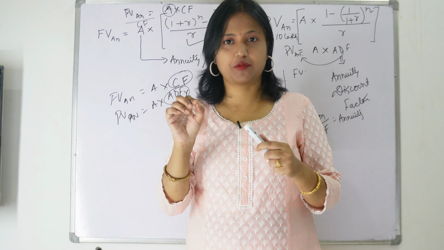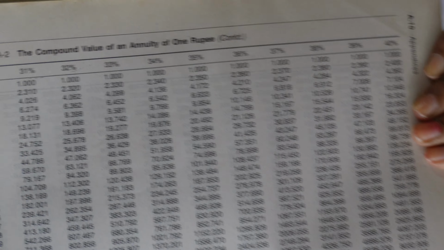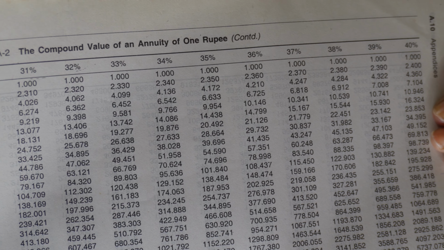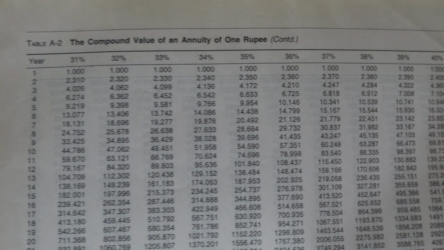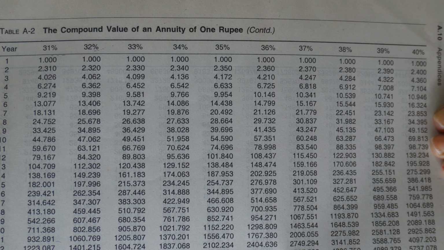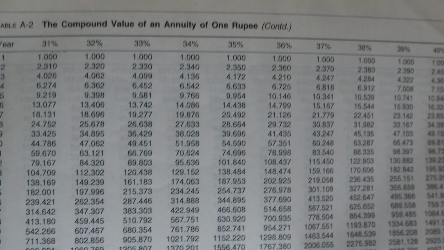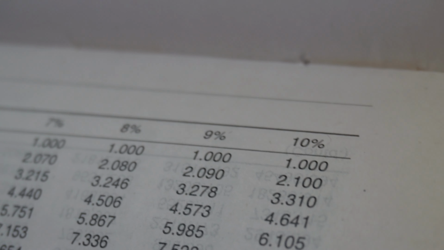This you can find out from the table. Let's see how to read the table of annuity. Friends, you can see in the table it is written the compound value of annuity of 1 rupee. Compound value, as you know, is nothing but the future value. If you want to know the future value of annuity for 5 years at 10%, this is the last column, which is 10%. After 5 years you are getting 6.105.